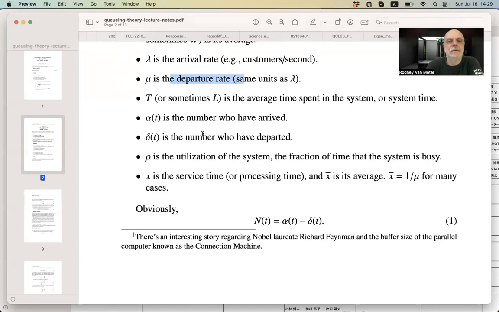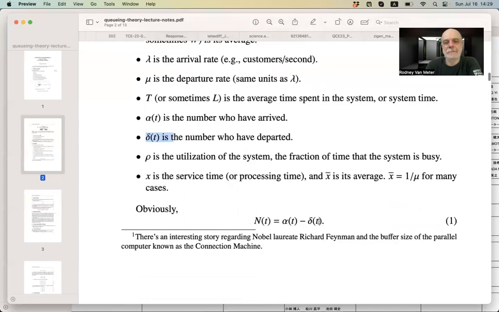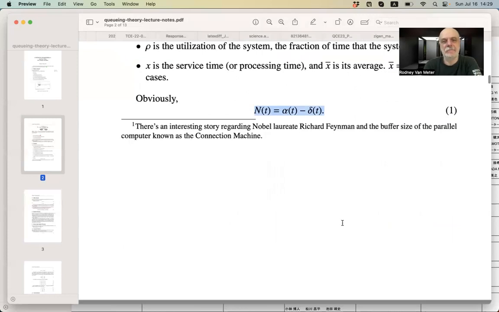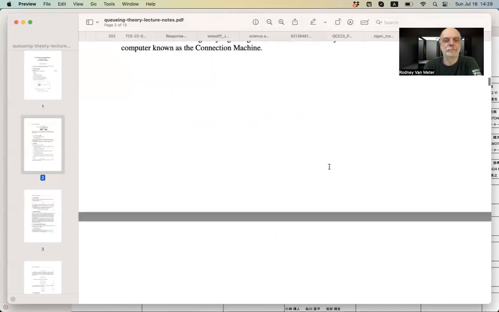Now, up here we said n is the number of jobs in the system, alpha is the number that have arrived, delta is the number that have left. So pretty obviously, n of t equals alpha of t minus delta of t. That tells you how many there are.